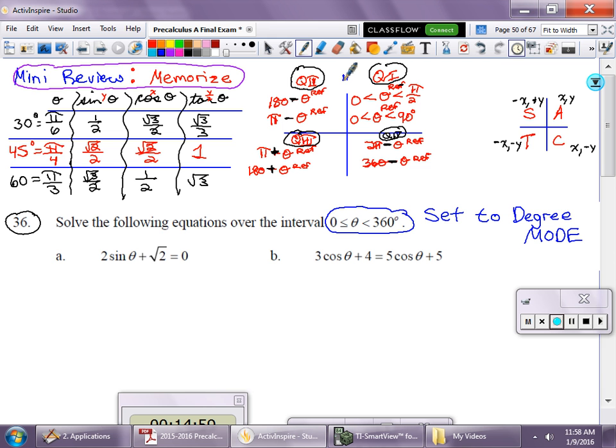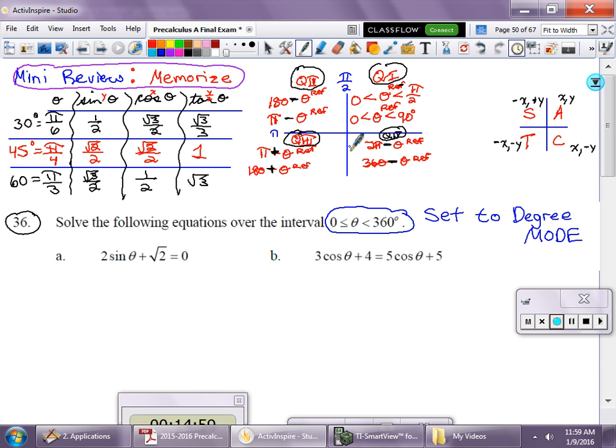Pi over 2 is the radian equivalent of 90 degrees. So these have to be memorized. Okay, pi is here, or 180 degrees minus the reference angle, and 180 degrees plus the reference angle for quadrant 3. In quadrant 4, we're actually closer to 2 pi. 2 pi in radians is 360 degrees. These also have to be memorized.